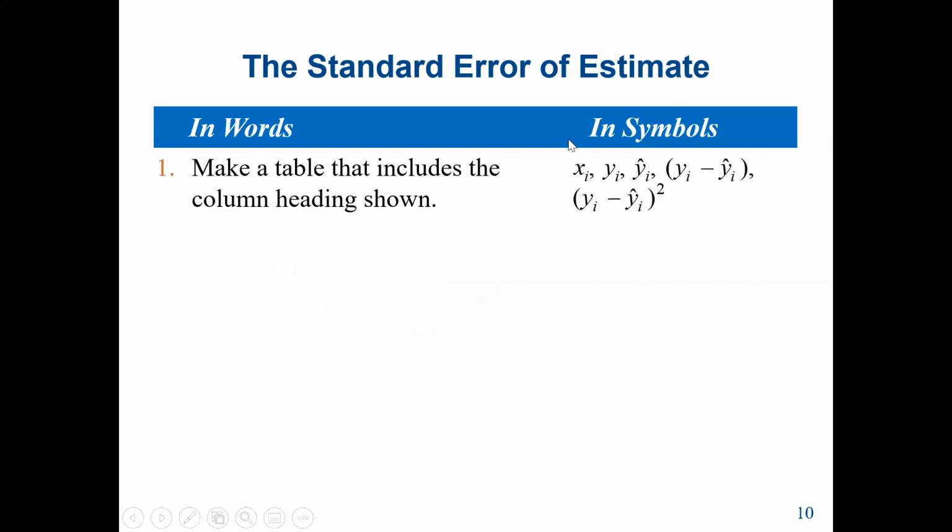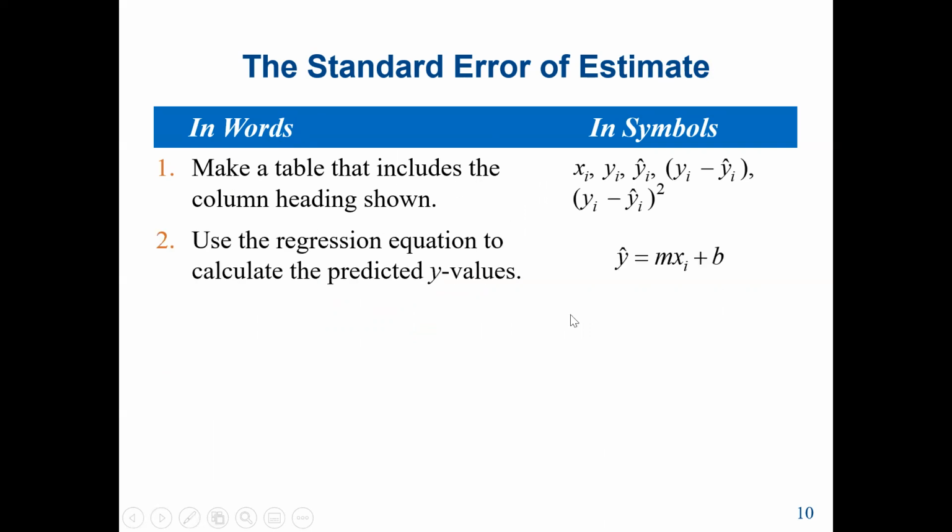So how do we find the standard error of estimate? First, we are going to make a table that includes the column headings. We have Xi and Yi, which are the values given to us, the actual X and Y values. Then we have to calculate the Y predicted, which is the Y-hat. Then we find the difference between the actual Y value and the predicted Y value, and we square it, which gives us the variations.